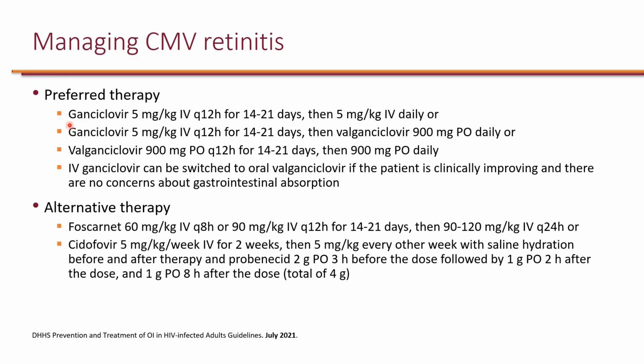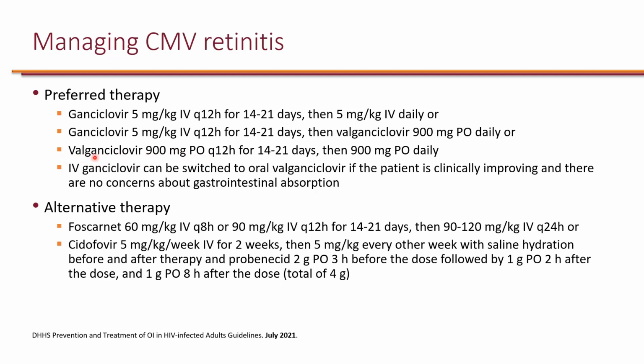So the preferred therapy includes IV ganciclovir high dose twice a day for the induction therapy of 14 to 21 days, and then switching to a lower, once a day dosing of IV ganciclovir for maintenance therapy. Alternatively, we can do just the induction therapy of IV ganciclovir and then switch to oral valganciclovir for the maintenance therapy, or for mild cases without sight-threatening lesions, the entire regimen could be oral.